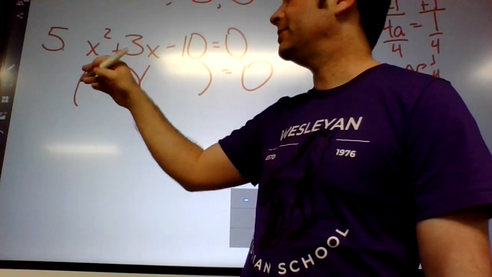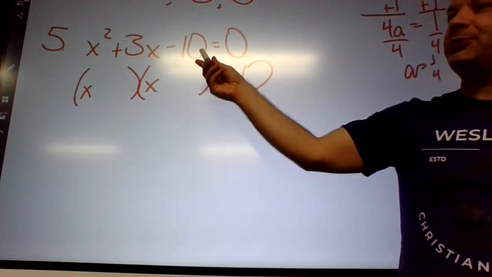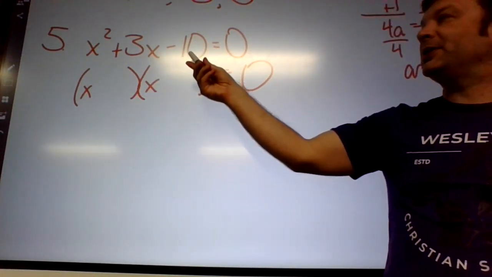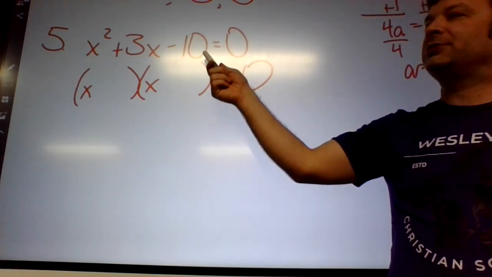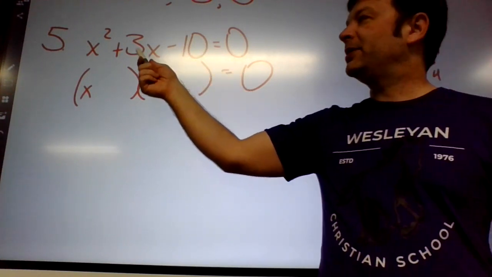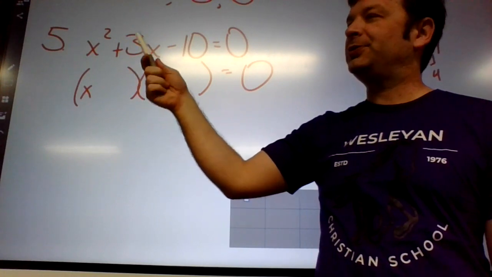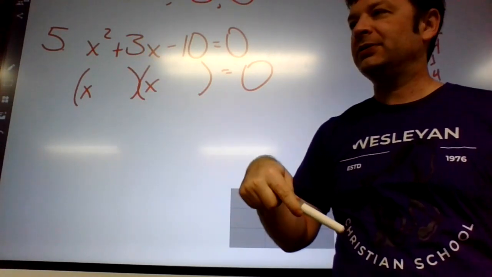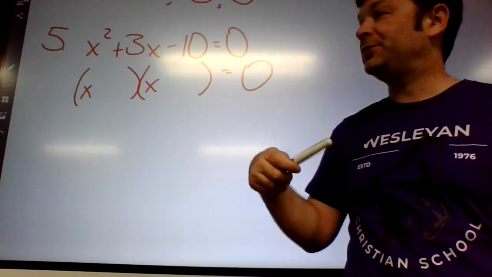Like what times what? X times x. That goes in the front. And in the back, it's what times what multiplies into -10. Or just 10. Let's start with 10. What multiplies into 10? 2 and 5. But we have to have it in such a way that they add up to 3. So how do we use 2 and 5 to get 3? Yeah, -2 and positive 5.